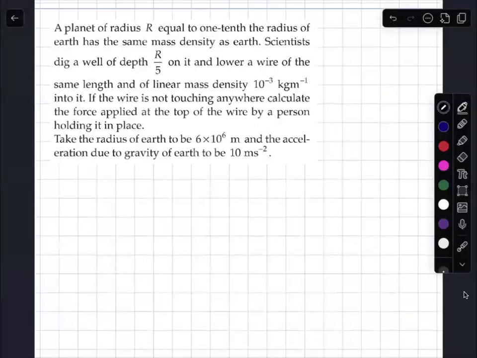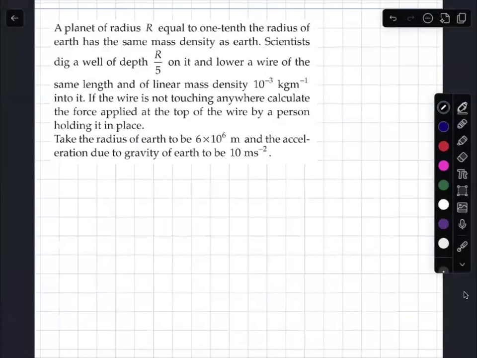If the wire is not touching anywhere, calculate the force applied at the top of the wire by a person holding it in that particular place. Radius of the earth is to be taken as 6 into 10 power 6. Acceleration due to gravity on the earth can be taken as 10 meter per second square.